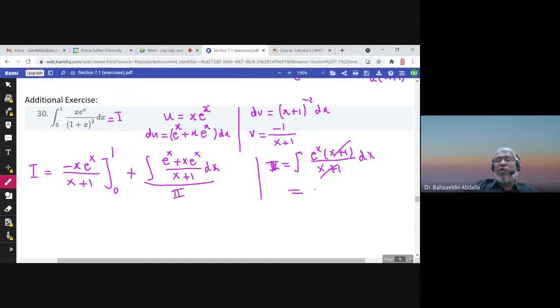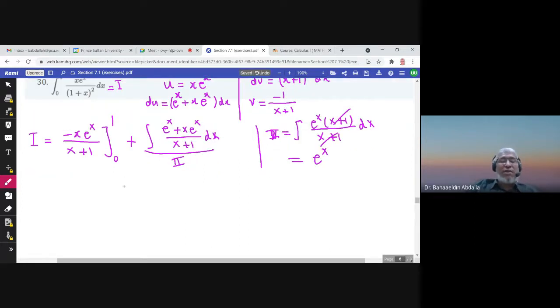And then the integral of e^x is e^x plus c. So that's it, from 0 to 1. So e to the power 1, which is e, minus e to the power 0, which is 1.